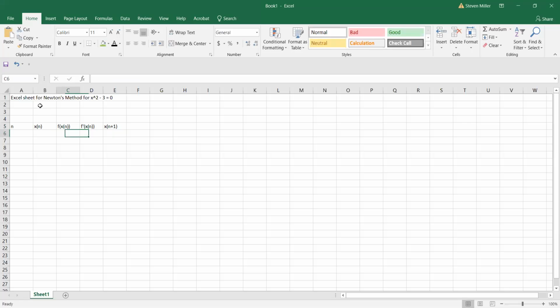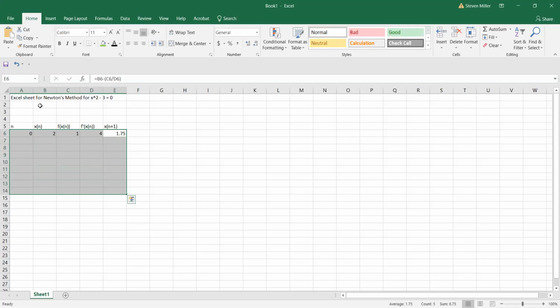So we start off maybe with, I guess, 2. F of xn is going to just be equal to xn squared minus 3. The derivative is going to just be equal to 2 times xn. And then xn+1 was just going to be xn minus the function divided by the derivative.